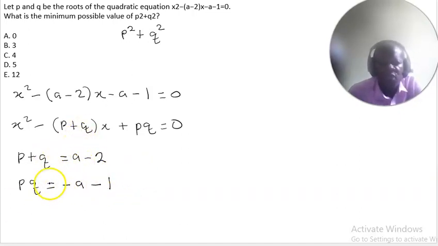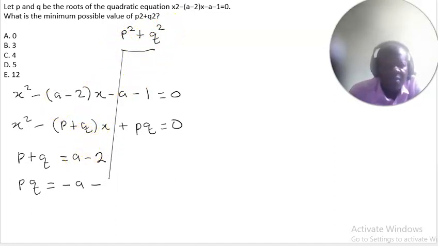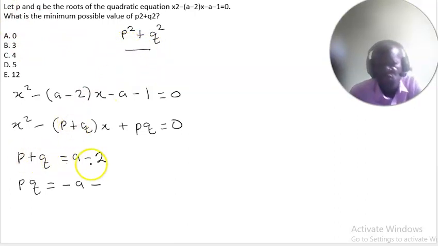Okay. So now the question is asking us what is the minimum value of P squared plus Q squared. Now, what is the relationship between this value and P plus Q equals a minus 2 and PQ equals minus a minus 1?